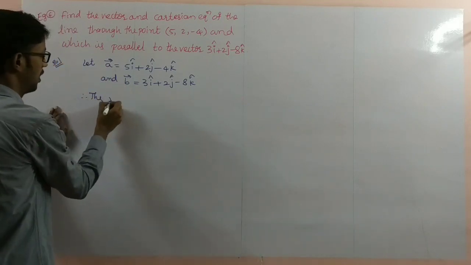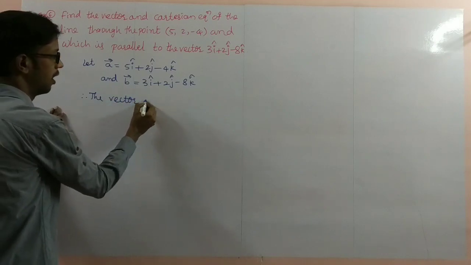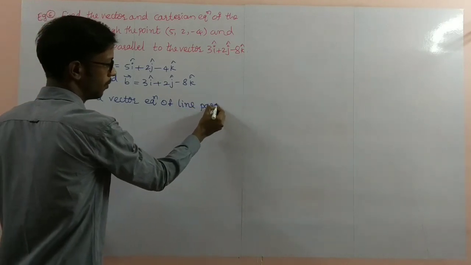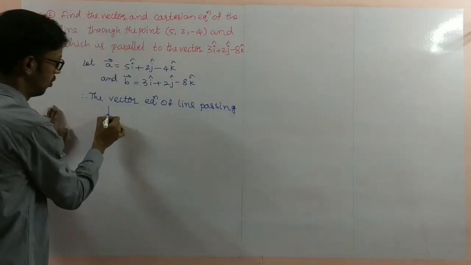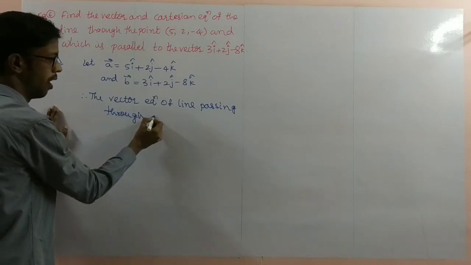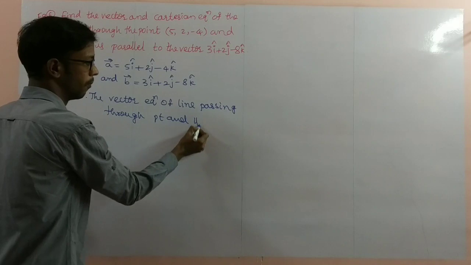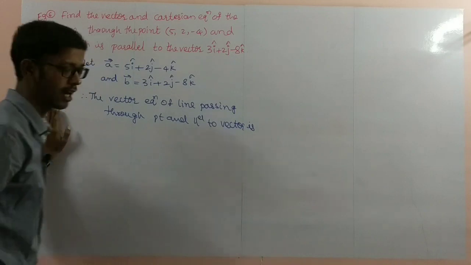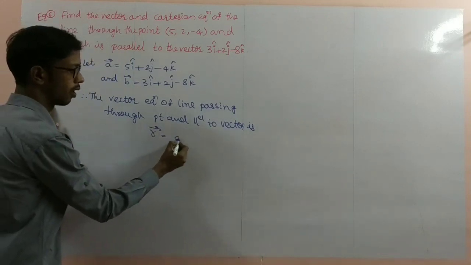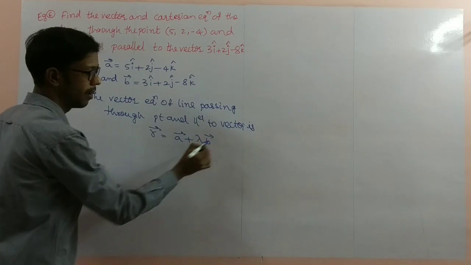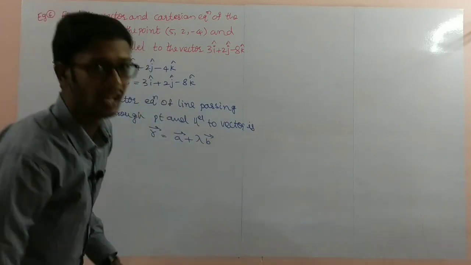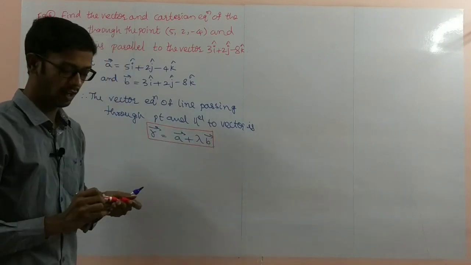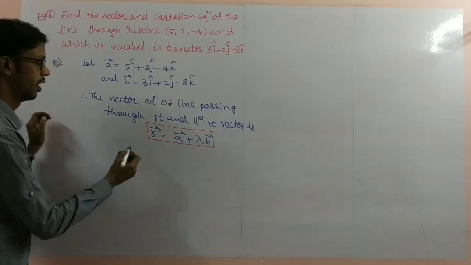Therefore, the vector equation of a line passing through a point and parallel to a vector is R bar equal to A bar plus lambda B bar. So now simplify this one.